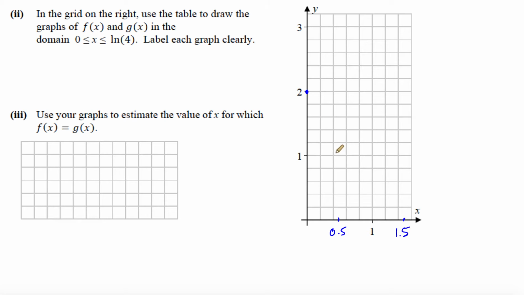So 1.21 would be half of that, and halfway between that, somewhere like here, would be 1.25. So we have 1.21 at 0.5, so that's somewhere like there.